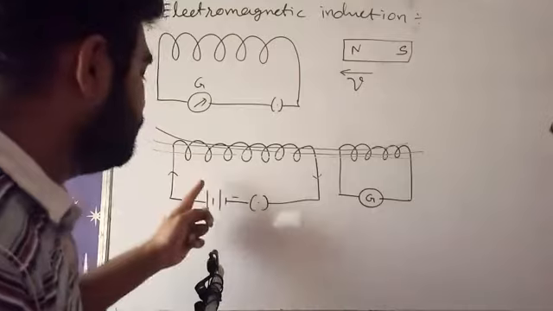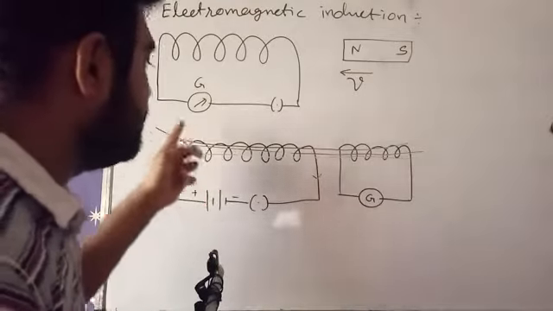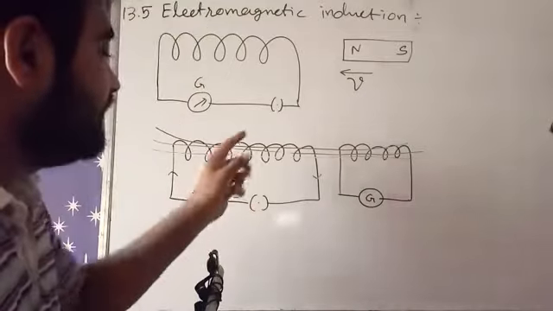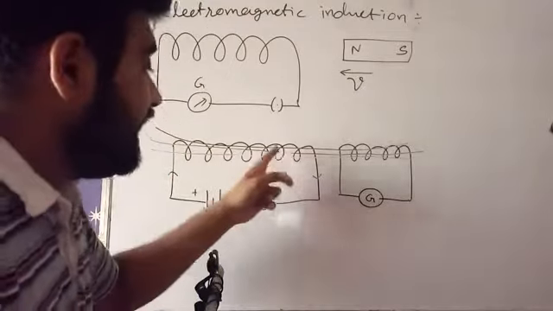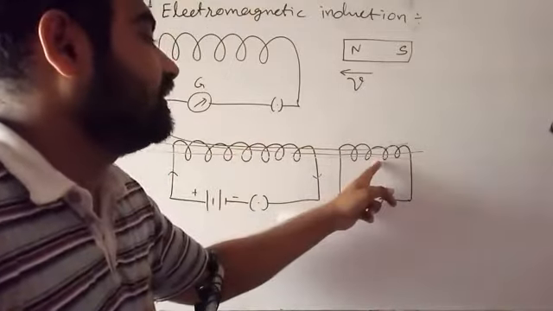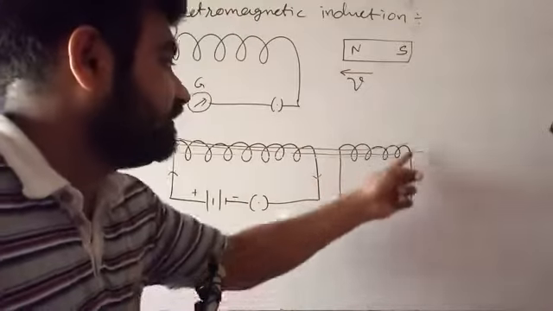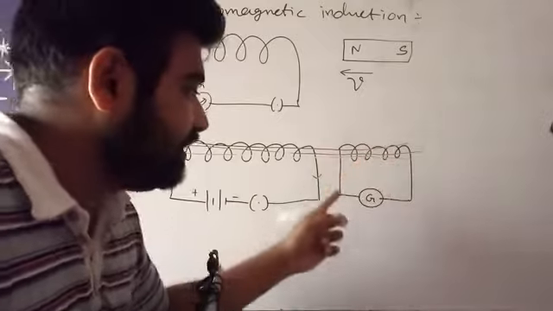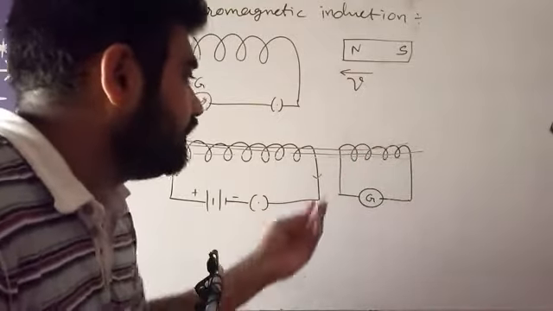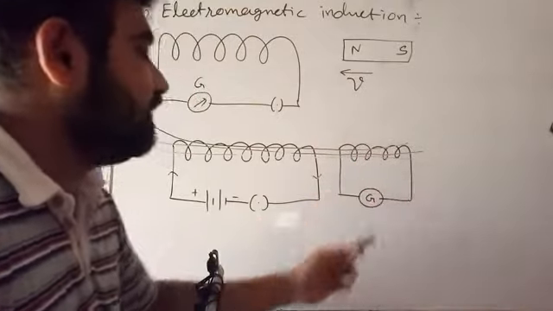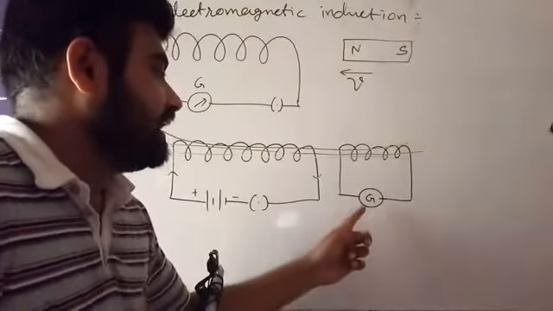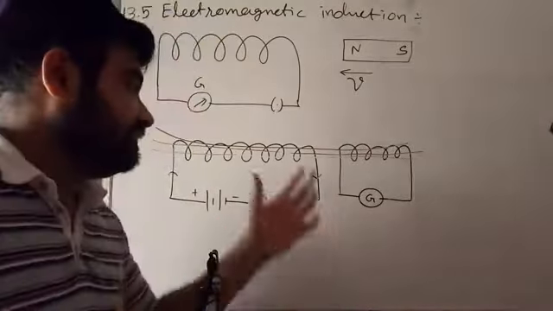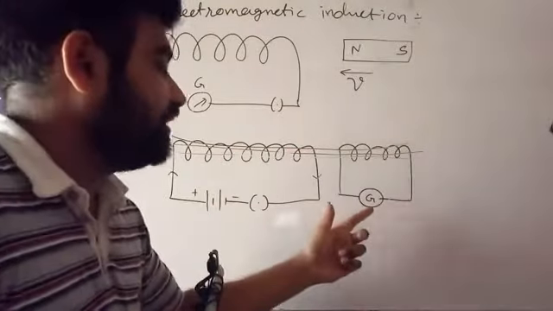Why varying current? Because varying current gives us varying magnetic field lines, and these give varying magnetic flux, and that varying magnetic flux induces EMF in this coil. That induced EMF creates current throughout this coil, and at that time the galvanometer will be deflected. So that is the first way to get the galvanometer deflected.